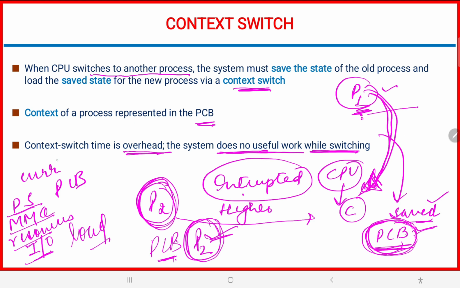The only thing done during this context switch time is saving the state of the currently executing process, and after that loading the state of the new process. So neither CPU is being used nor IO activity is being done. So actually no productive job is being done during this phase. That is why this context switch time is treated as an overhead only.